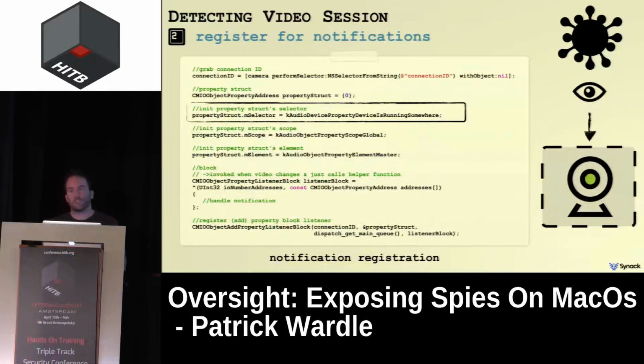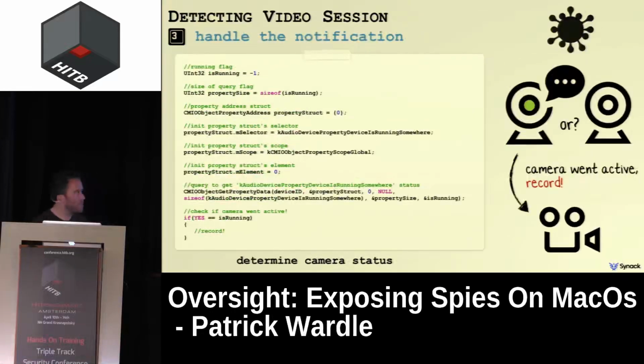So once we've registered this notification, when it fires, meaning when the webcam goes on or off, our callback block will be automatically executed. So what do we do in this handler? Well, we do a few things. Basically, we query the webcam to determine what the notification is, because the same notification will be delivered whether the webcam goes on or off, and we're only interested when it goes on.